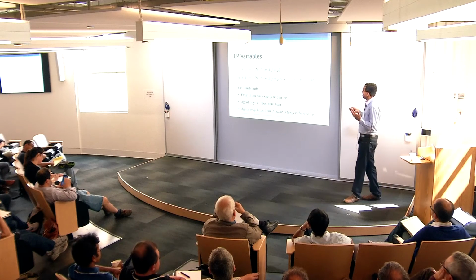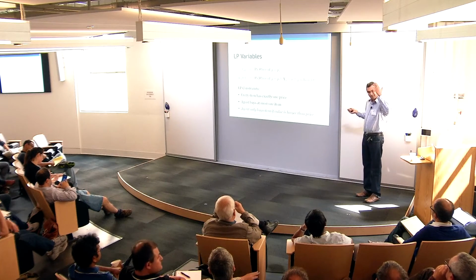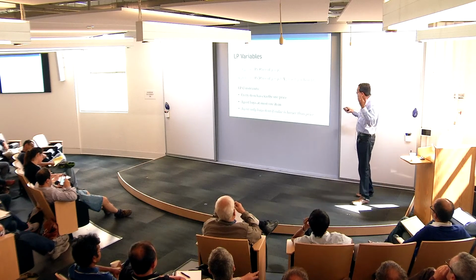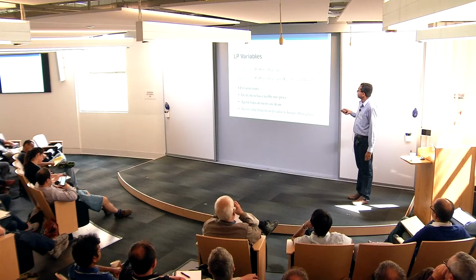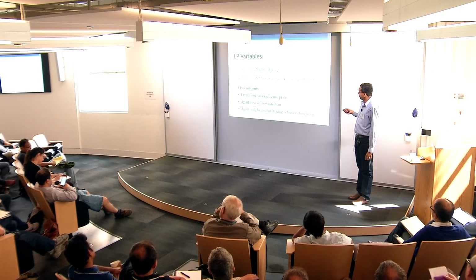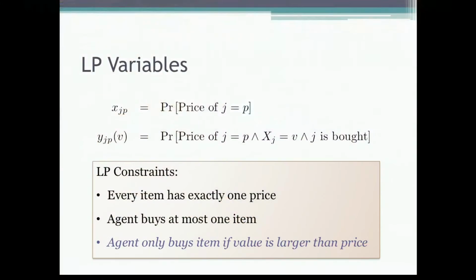So there are various ways of thinking about this problem. Again, we can think of it in terms of LPs. Let xjp be the probability that the price of j is equal to p. You can think of there being some policy that is setting these prices. What is the probability the price of j is equal to p? This will be a 0-1 variable, but let's write it as a probability.